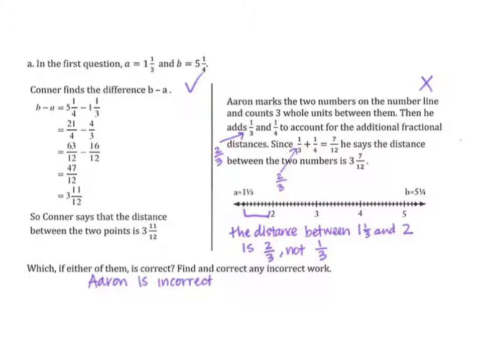So where he added 1/3, it should have been 2/3 in his work. So if we're to correct that, if we do 3 plus 2/3 plus 1/4, we will end up with 3 and 11/12, the same answer that Connor got.